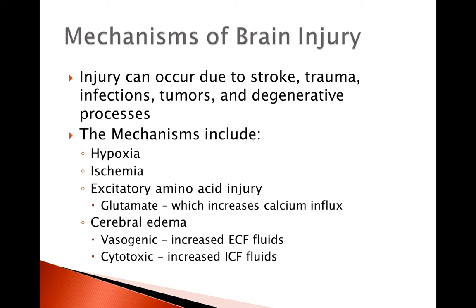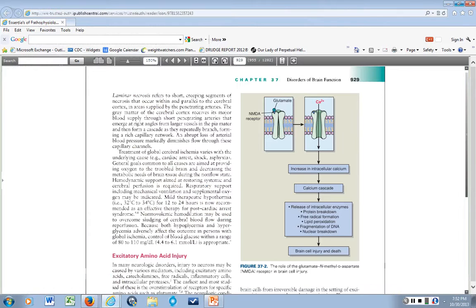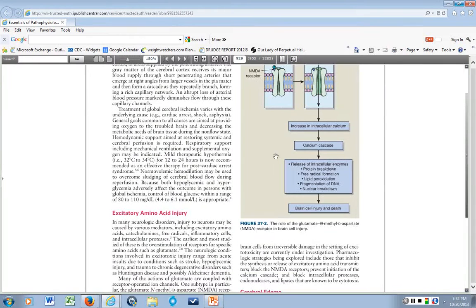All right, another mechanism is what we call excitatory amino acid injury, and this is where I want to jump to the textbook for a second, so bear with me. I'm going to escape from the PowerPoint and see if I can effectively open up the book. This is page, looks like 929 in your textbook, where that excitatory amino acid injury is listed.